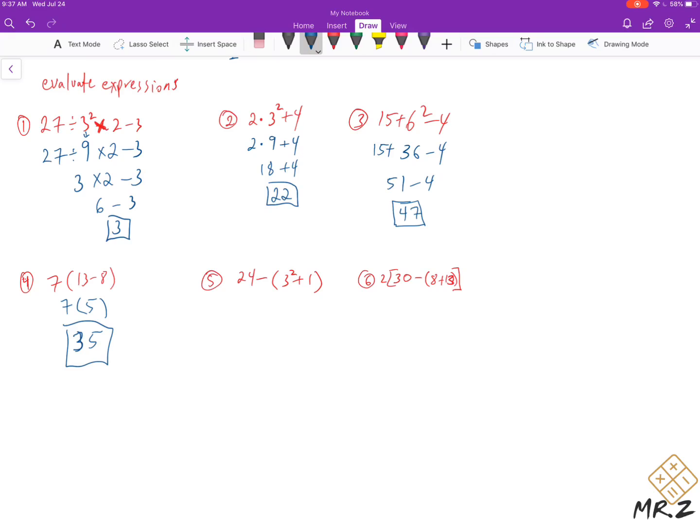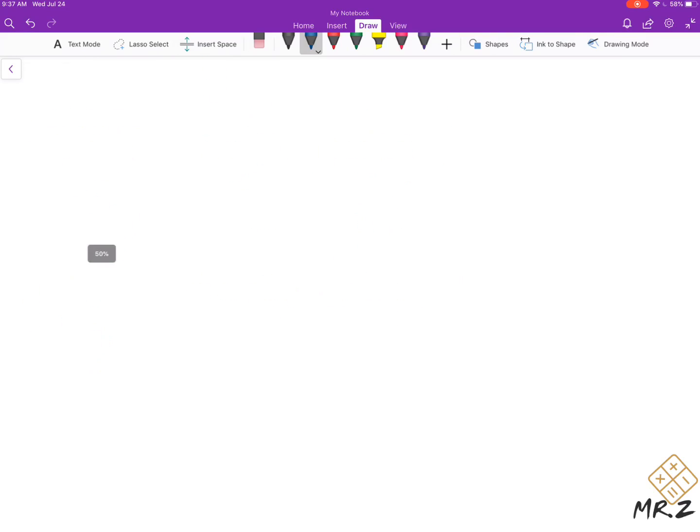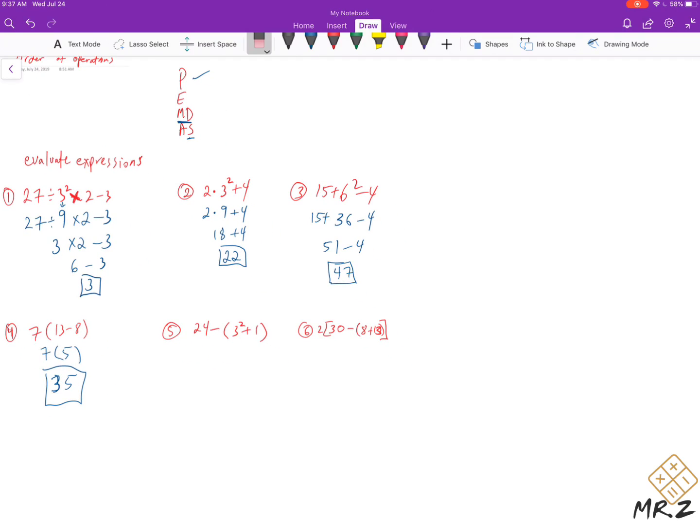All right, here we have parentheses first, so we'll do that. We do have exponents, but remember, your parentheses show up before the exponent. But inside the parentheses, we do have an exponent, so we'll do the exponent inside the parentheses first. So 3 squared, that's 9. And then 9 plus 1.